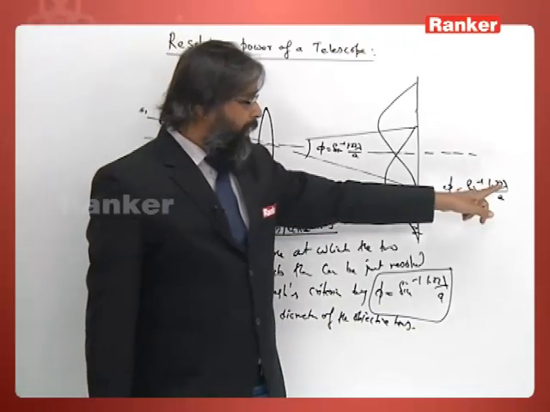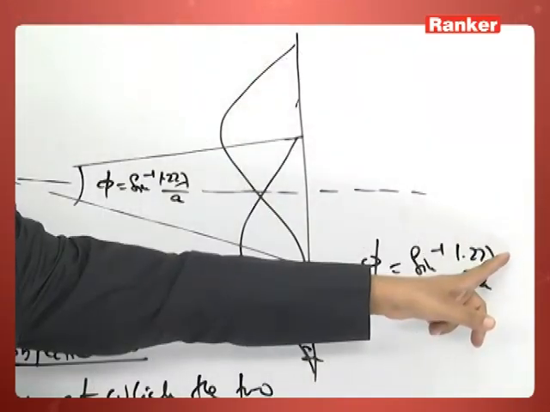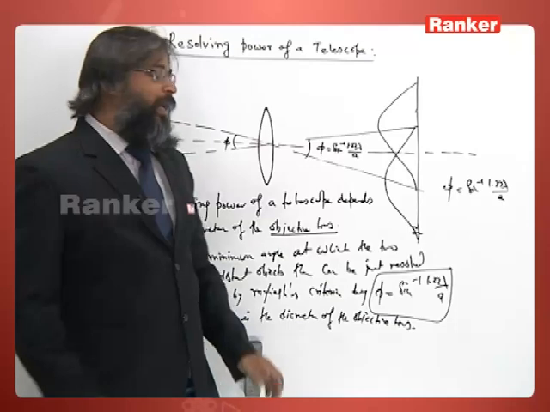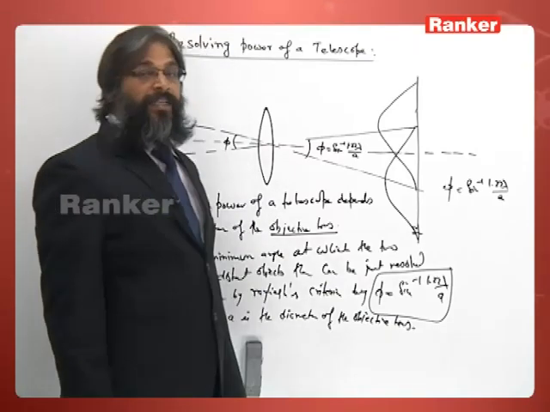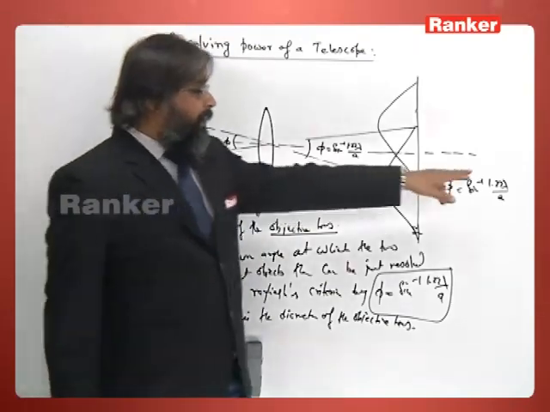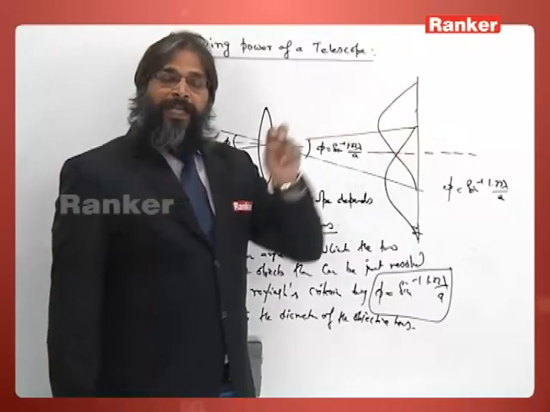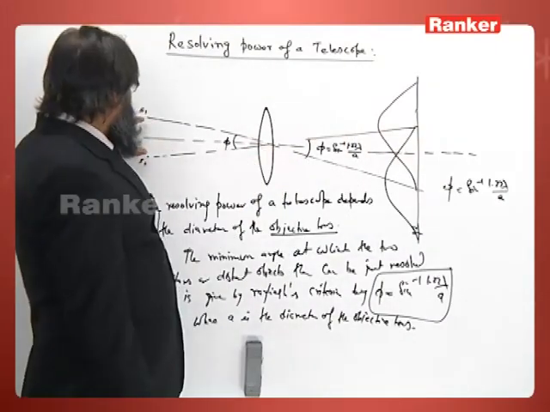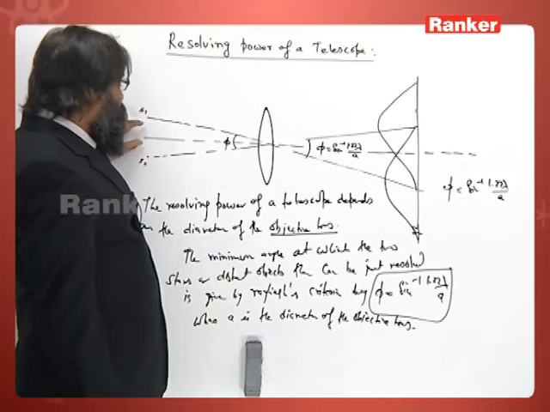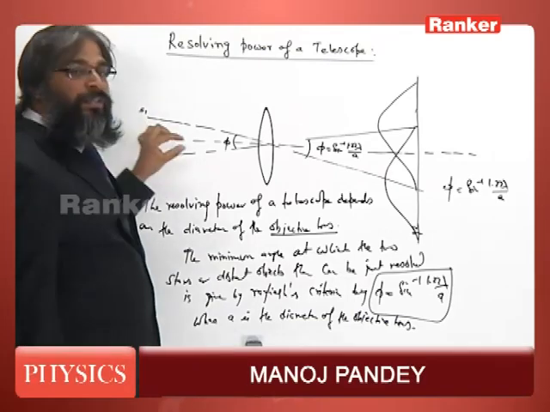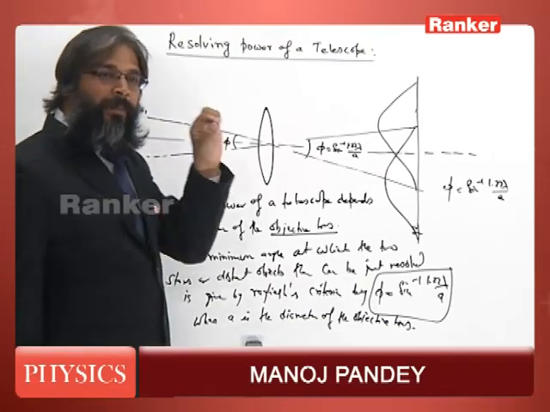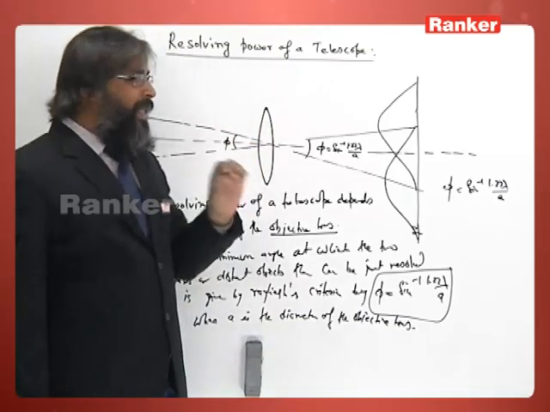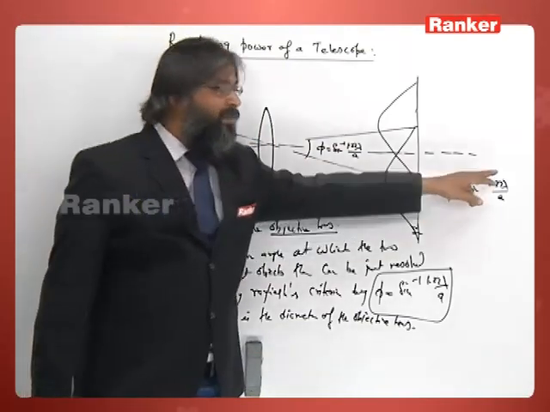Next, if we decrease lambda, then also we can increase the resolving power. The lesser the lambda, the better, we can see smaller angles between two stars, means two stars which are separated by a small angle can also be resolved if we decrease lambda.